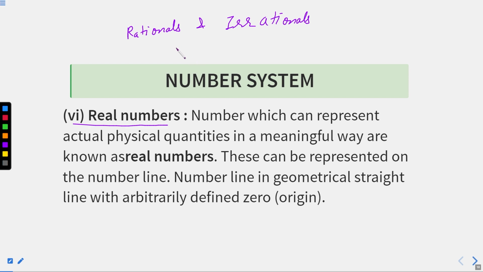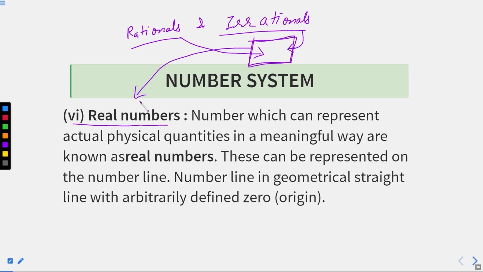So the combination of all those numbers, rational and irrational, meaning that if I have a bag and I put rationals in the bag and irrationals also in the bag, then this whole bag we call the real numbers. So real numbers are nothing but the collection of all rational and irrational numbers.